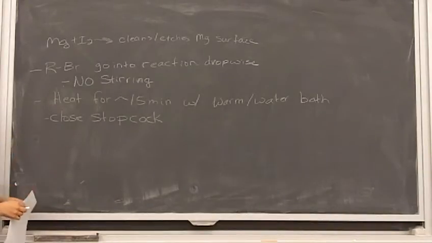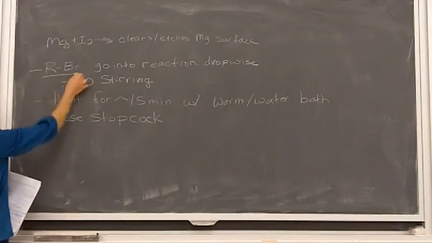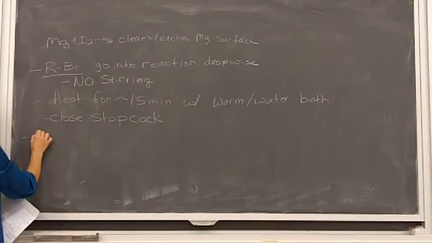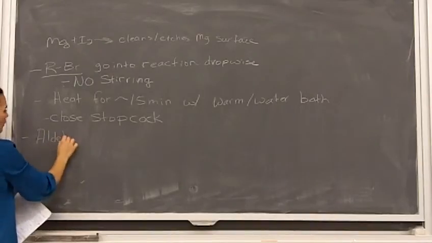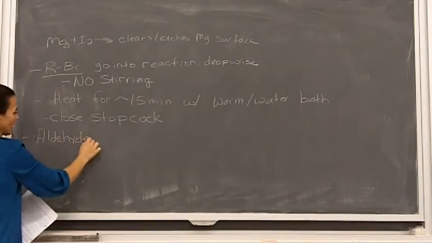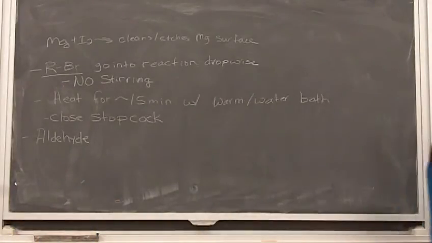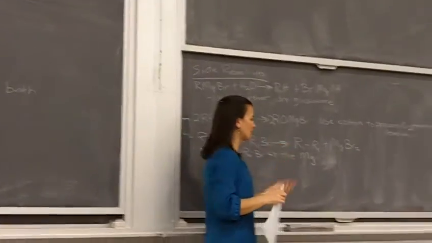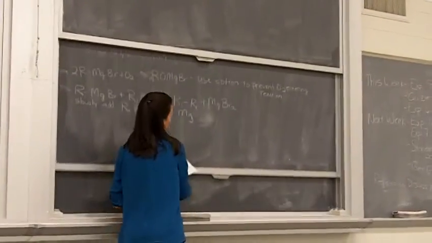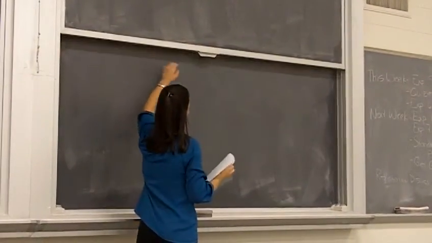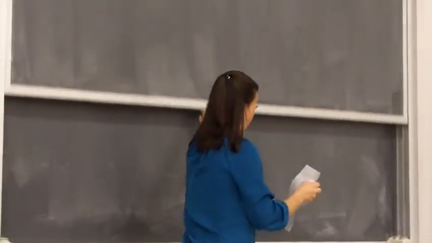So then the next thing that you've got to do: in order to get our reaction to actually occur, we're going to add an aldehyde. With the Grignard reagent you're learning in lecture, you can usually use either an aldehyde or a ketone added to that Grignard reagent to get a reaction. We're using an aldehyde.